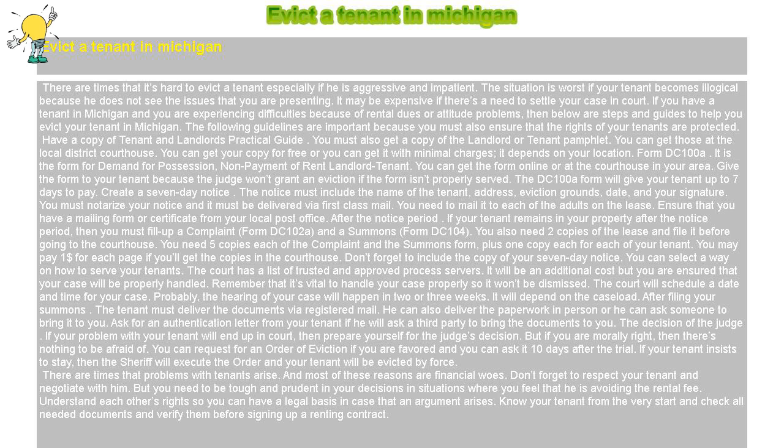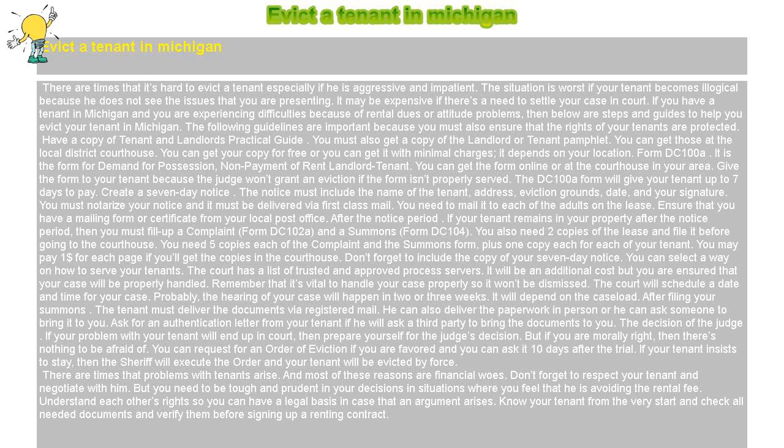The decision of the judge. If your problem with your tenant will end up in court, then prepare yourself for the judge's decision. But if you are morally right, then there's nothing to be afraid of.